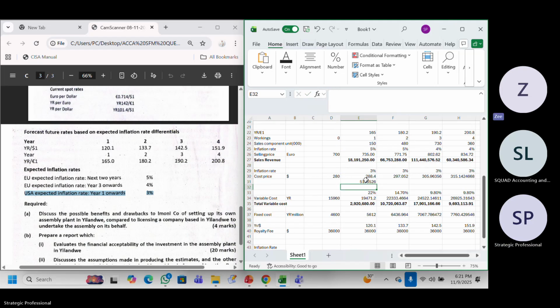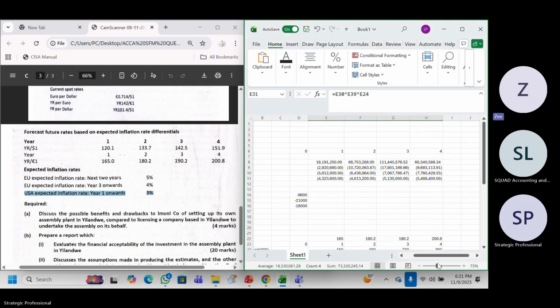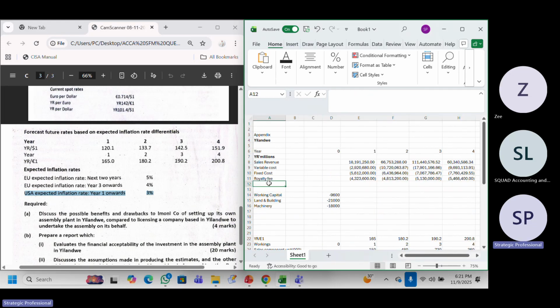You bring this guy here, you take it up. That's the transfer price.